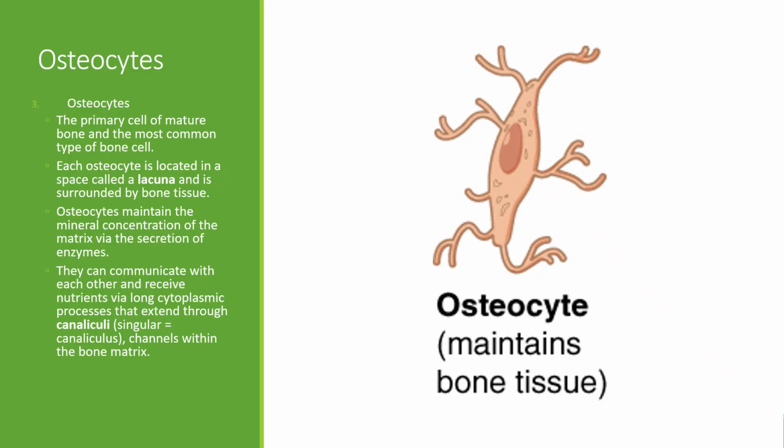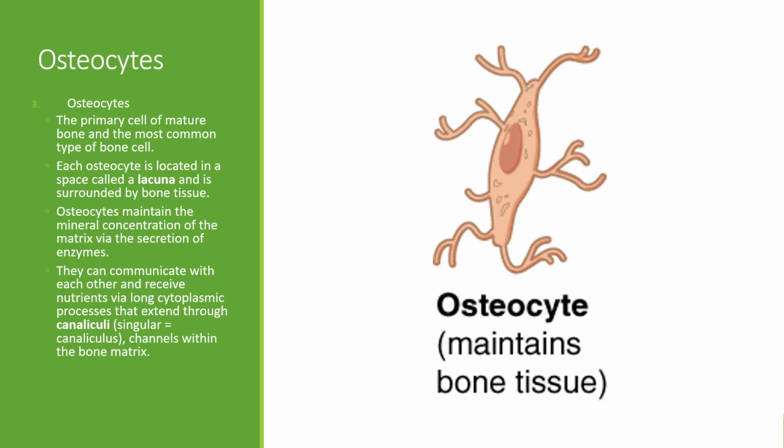So if you think about it, osteocytes originally were osteoblasts, and they started to secrete the matrix, and they basically built themselves into their own little house. And that little house is called the lacunae, and then they're surrounded by matrix. So they're not in contact with one another the same way a skin cell is in contact with the skin cell next to it.